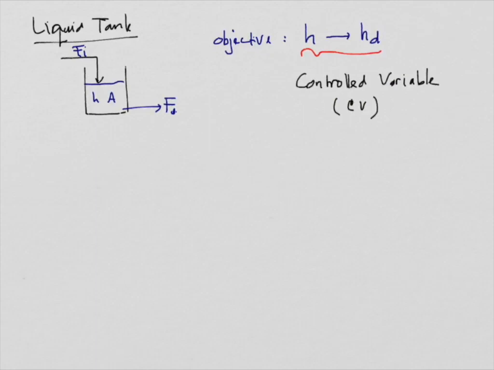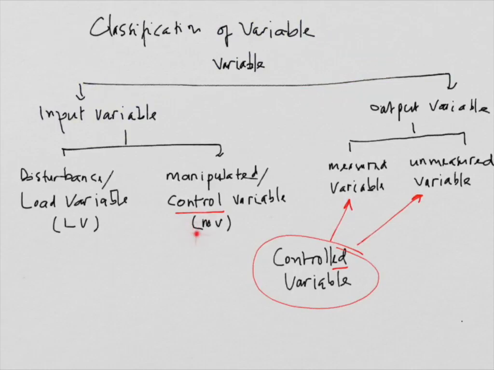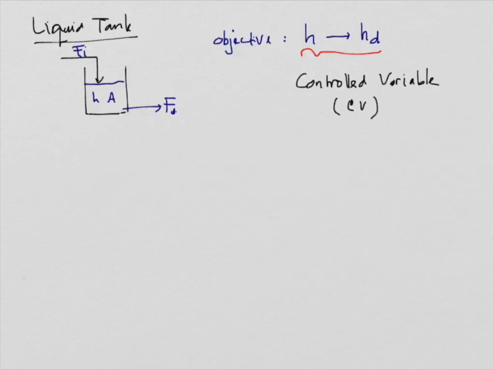CV. Okay, we have three types of variable here. CV, the control variable, and then manipulated variable is an input variable, and then load variable is the input variable type. We have three type variable here, three terms.